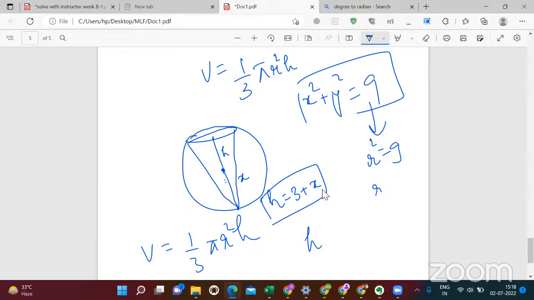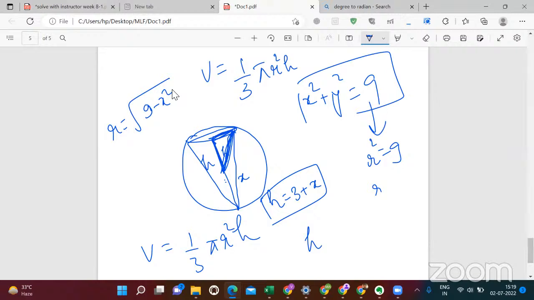This hypotenuse will be the radius of the sphere. One of them, the height, can be x, and the other could be the root of 9 minus x square. So the radius can be root of 9 minus x square, right?